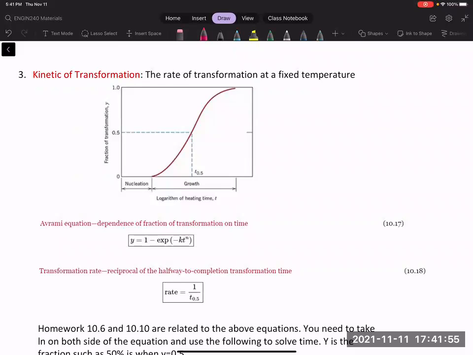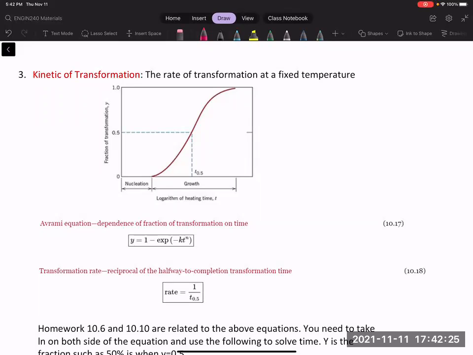That is one of the things we did in our lab, the hardenability. The rate of temperature change is going to change how the transformation goes, but if we maintain the same temperature, the rate of transformation will depend on this temperature.